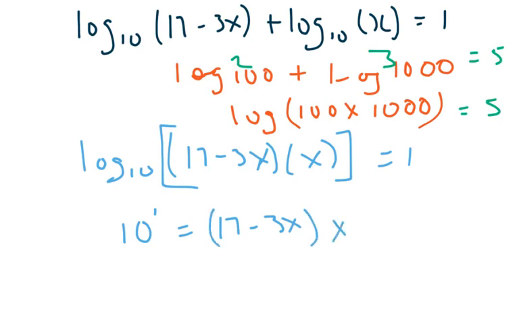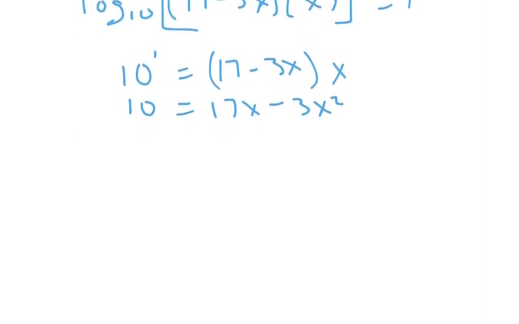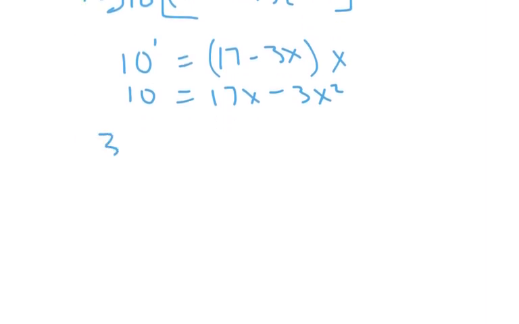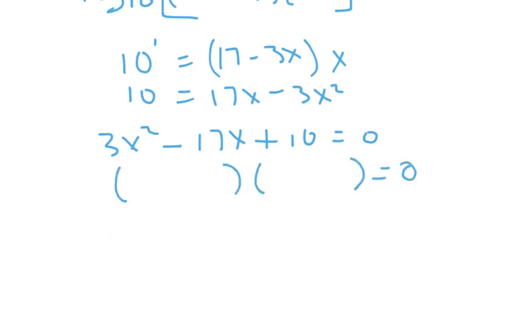So that means I'm going to get 10 is equal to 17x minus 3x squared, which looks like a quadratic. So I'm going to make it 3x squared minus 17x plus 10 is equal to 0. And then you want to get the roots of that, find out what values of x solve that. I'm going to try using factors.